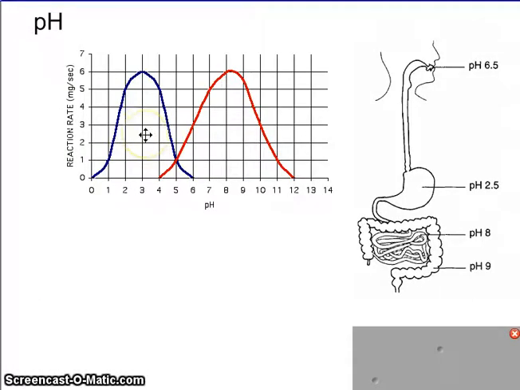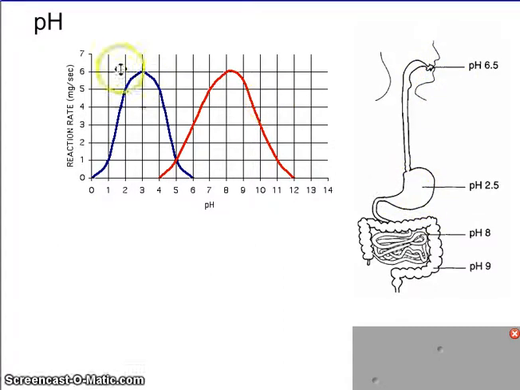Okay, here's another graph of pH, and this is showing you two different enzymes in two different locations. And how can you tell that? Well, this enzyme has an optimum pH of 3. And this enzyme has an optimum pH of 8. So where would they be found in our body? Look at this chart, it becomes obvious.